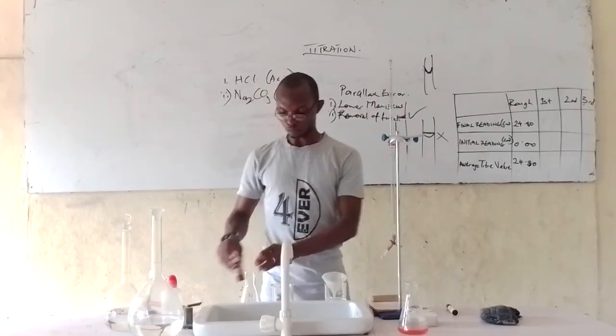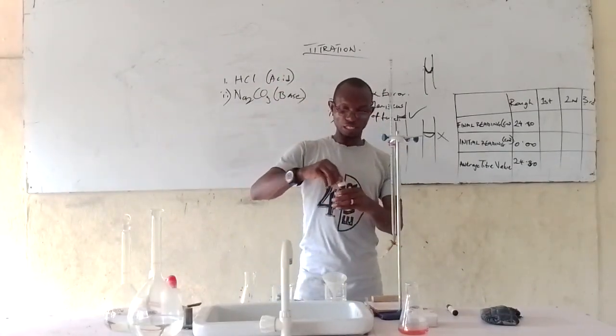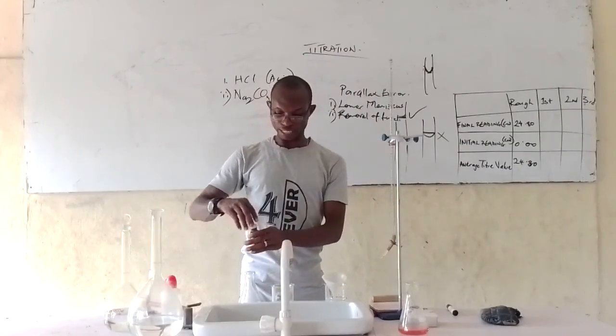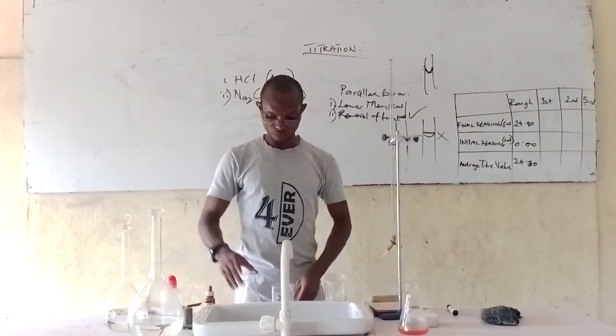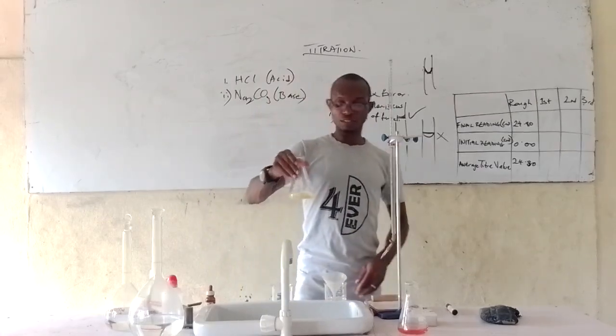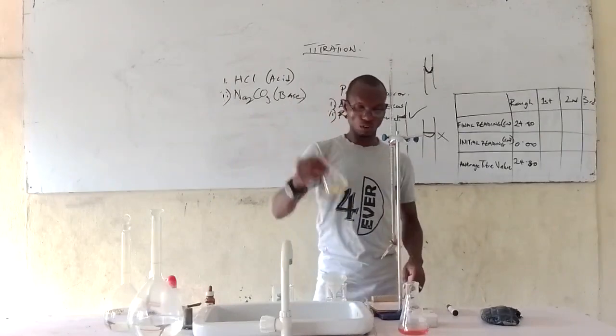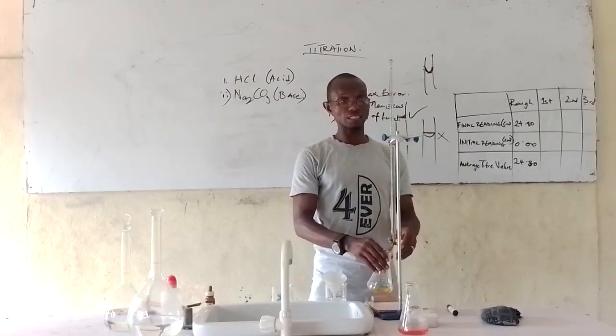So I put my base in there. I'm adding 2 drops of indicator, and then I shake very well. If you look at it now, it is giving us a light yellow or golden yellow color, and so now I can start dispensing.